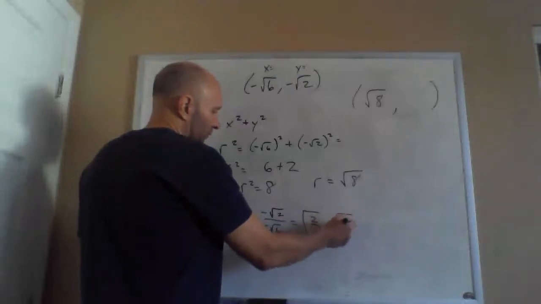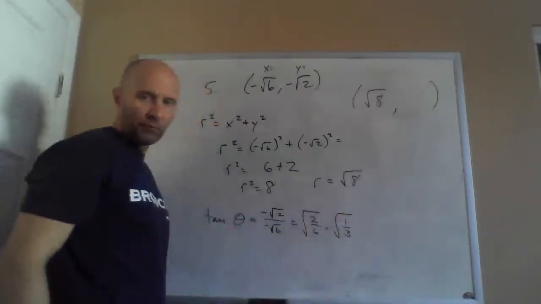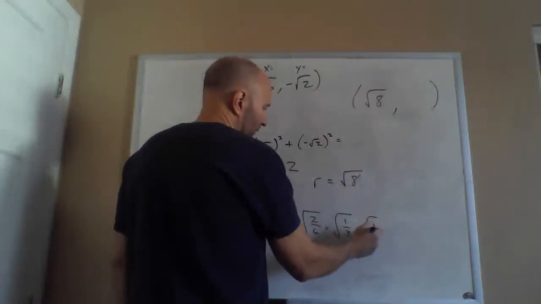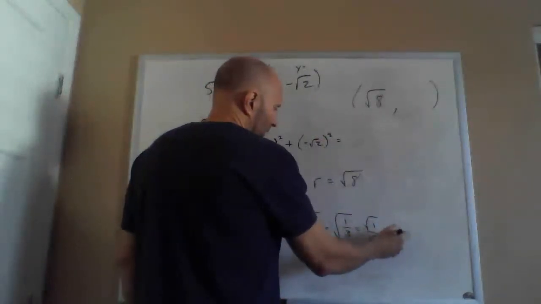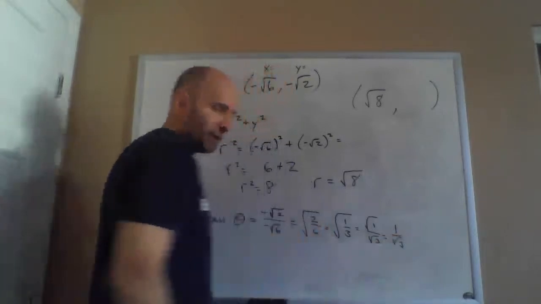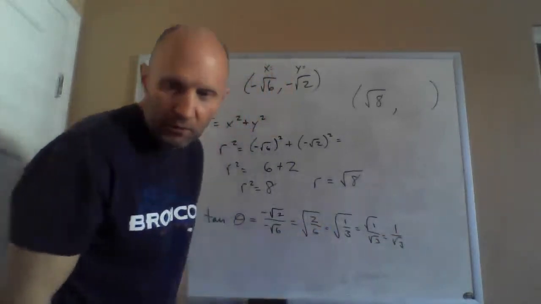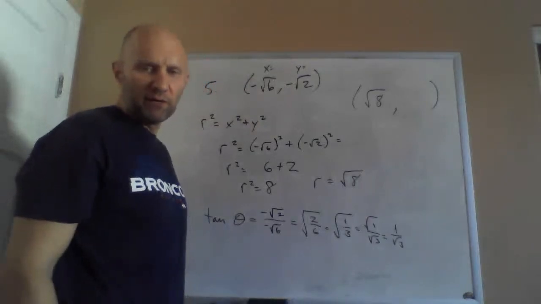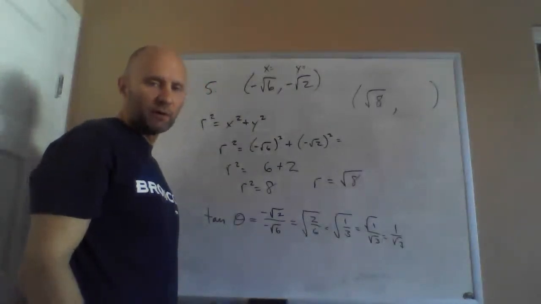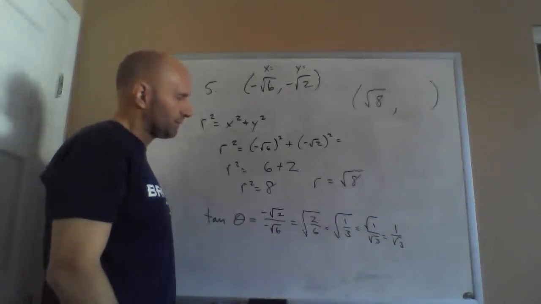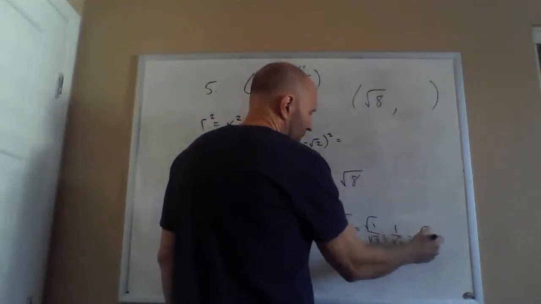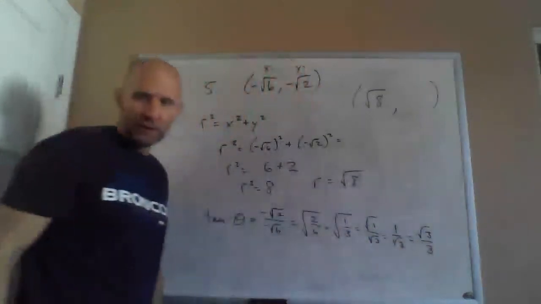Simplify this, divide them both by 2, we get 1 over 3. And now break them apart again. So again, this is using our radical rules. So we get 1 over square root of 3. Do we rationalize? You don't have to. You can just leave it as square root of 8. That's okay. You have simplified, I'm assuming. This one we will rationalize, though, and this gives us root 3 over 3.